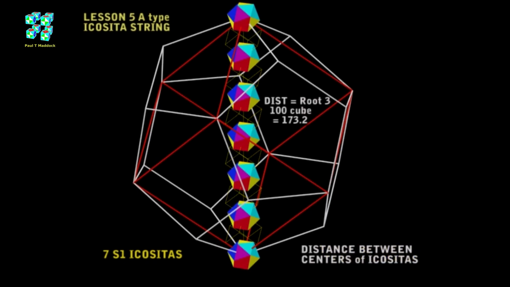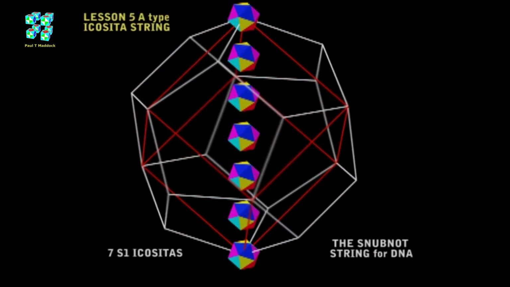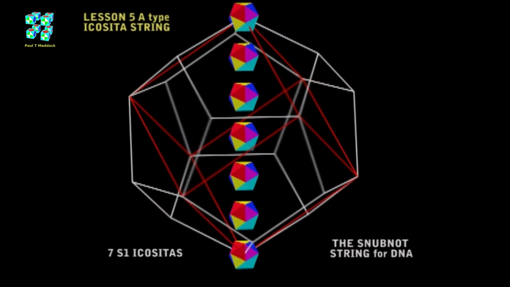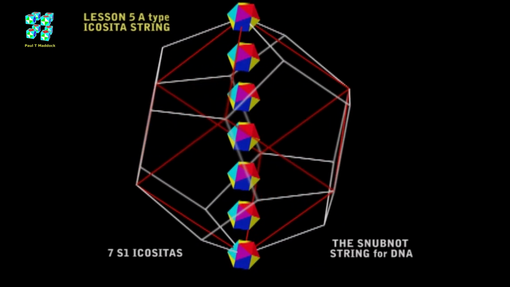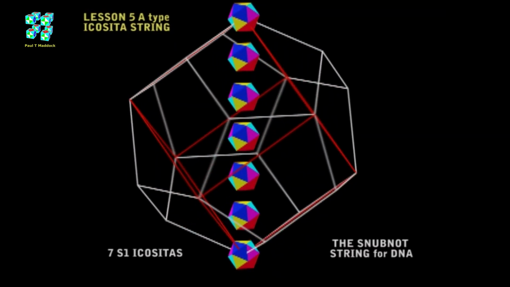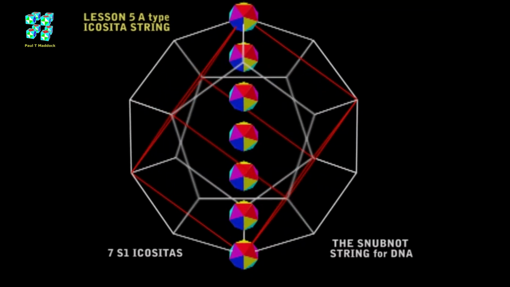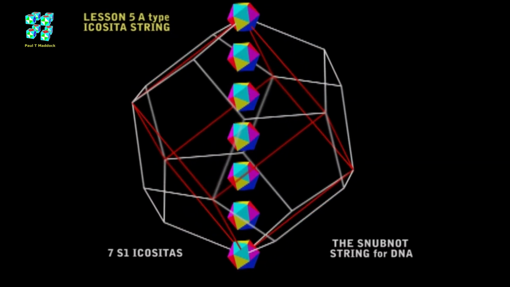I have also showed these icosa strings turning into B-type DNA in some of my videos over the years. Notice that I called this string the snub knot string, and this is exactly what academics done. They snubbed it from the face of the earth.